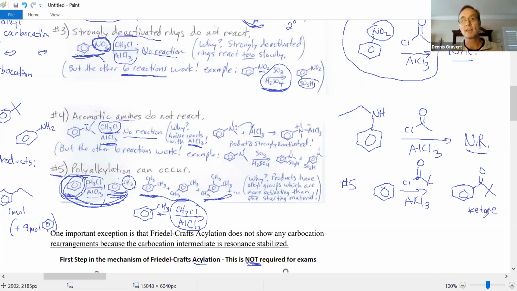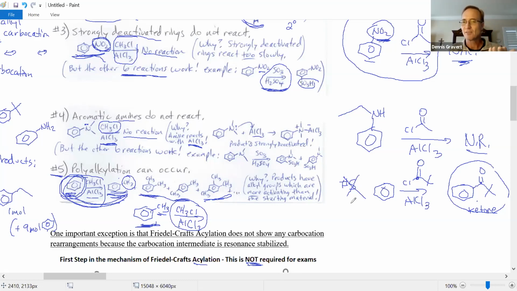We're going to learn in the next video that ketones are strong deactivating groups, just like the nitro group. So if this is too deactivated to react, there's no reaction on it. This is the product, and it can't go and do another reaction. Unlike this one over here, when you add a methyl group to benzene to get toluene, the methyl group is activating, and now the product can react and reacts faster than benzene. Not true for acylation. Yay, there is no polyalkylation.